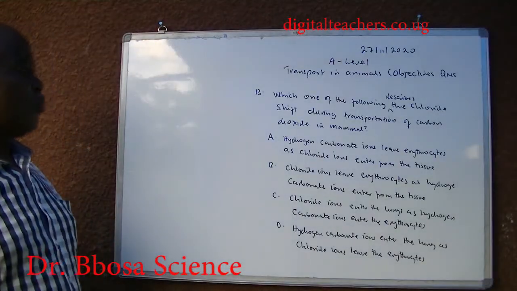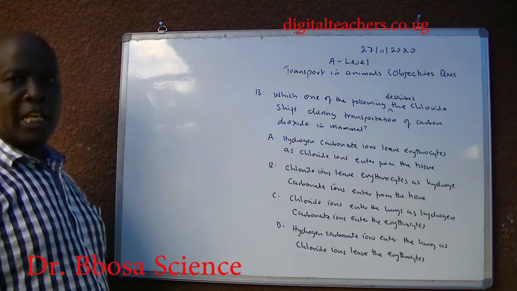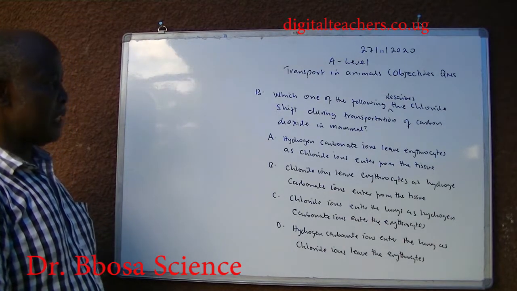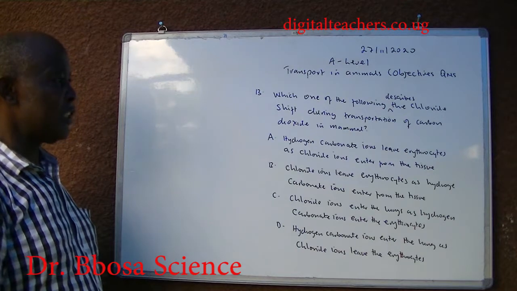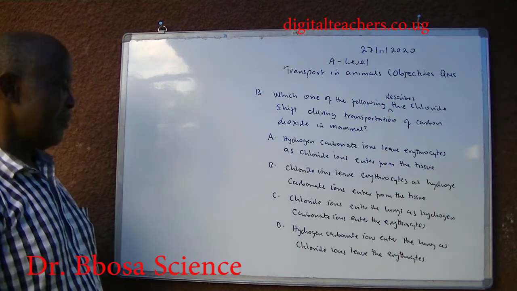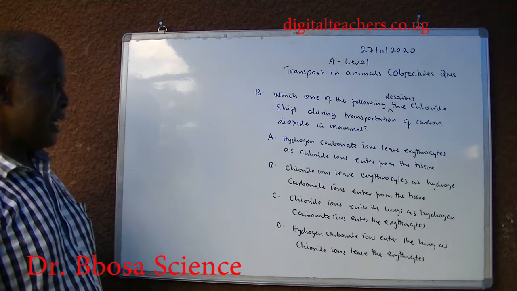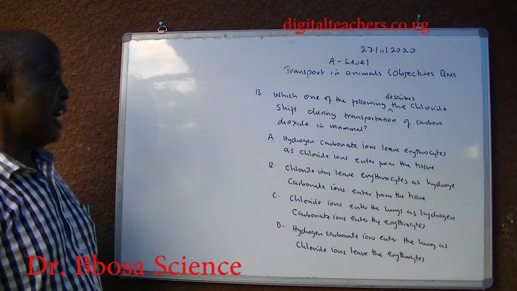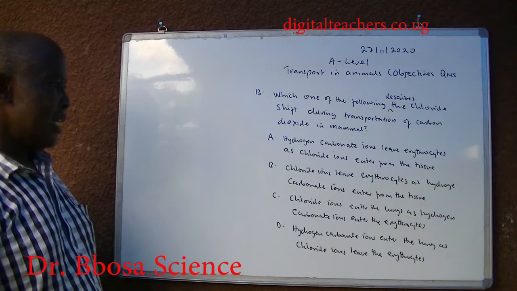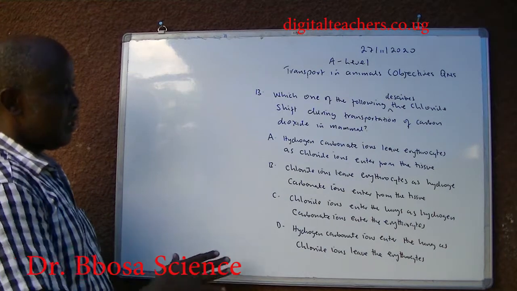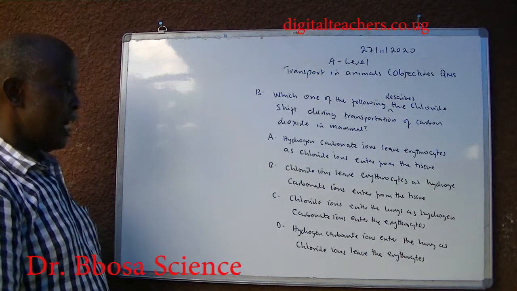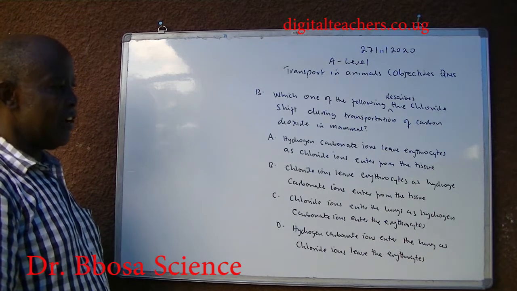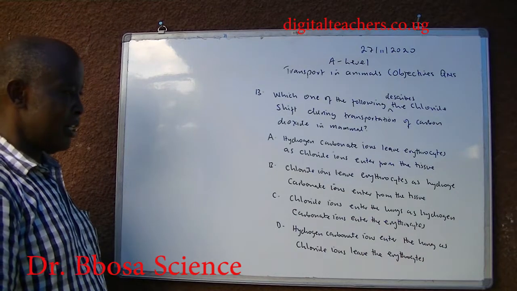Number 13. Which one of the following describes the chloride shift during transportation of carbon dioxide in a mammal? A. Hydrogen carbonate ions leave erythrocyte as chloride ions enter from the tissue. B. Chloride ions leave erythrocytes as hydrogen carbonate ions enter from the tissue.